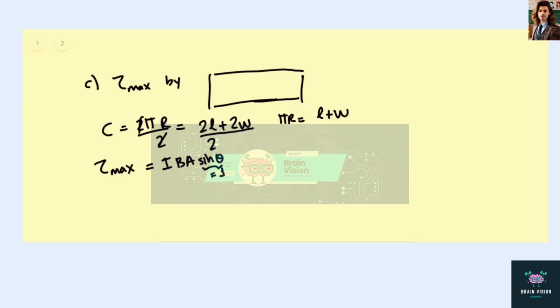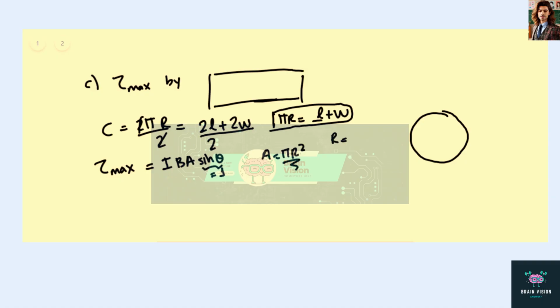We know the current, we know the B field, but the area this time, since we have a circular loop, is going to be pi r squared. So this is what I'm trying to find. We deduce this information, pi r, from here. Then r, by dividing both sides by pi, is going to be L plus W divided by pi.